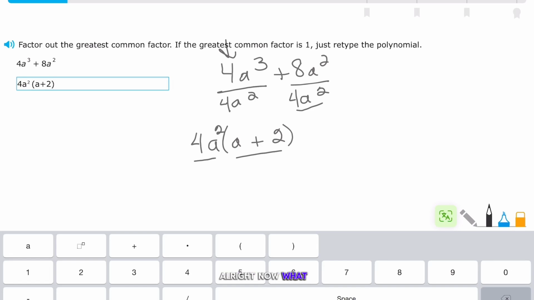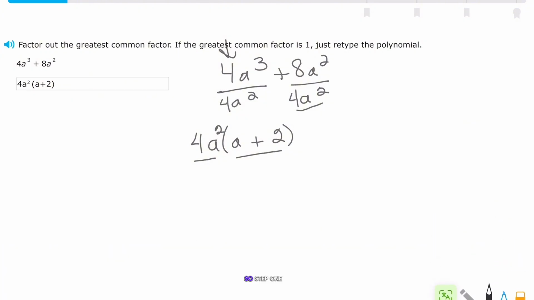All right. Now, what steps did I do to figure this out? Because this is what you need to write about. So, step 1. I think it's because my hand is on the submit button. Let's write my steps over here. So step 1, I divided, that's an E, by the way.